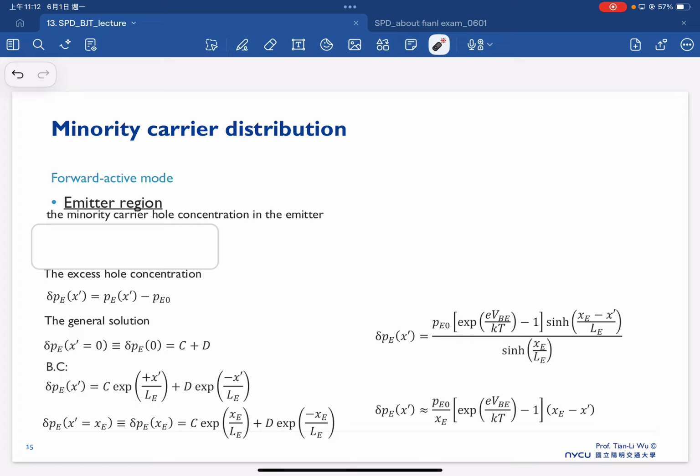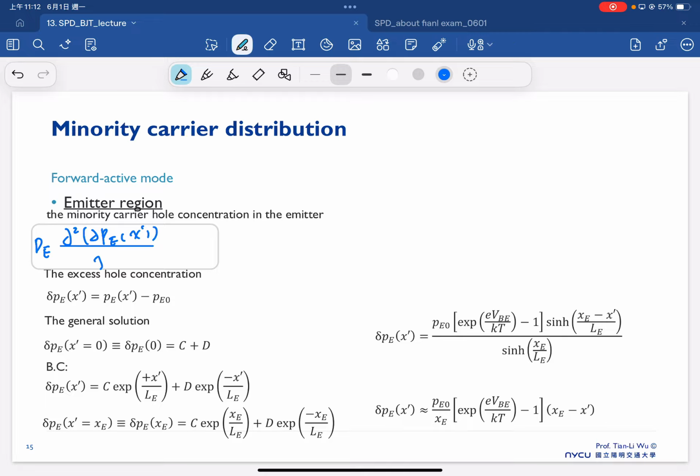So we apply the same equation that we had for the base, but now we revise it for holes, with DE.